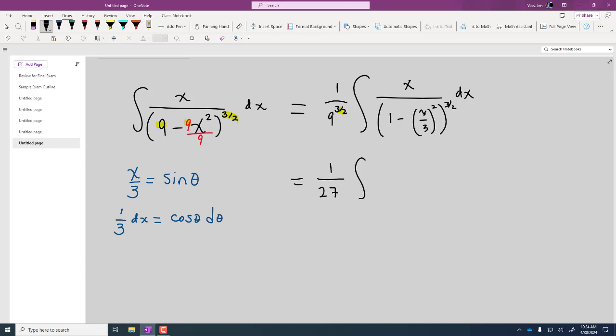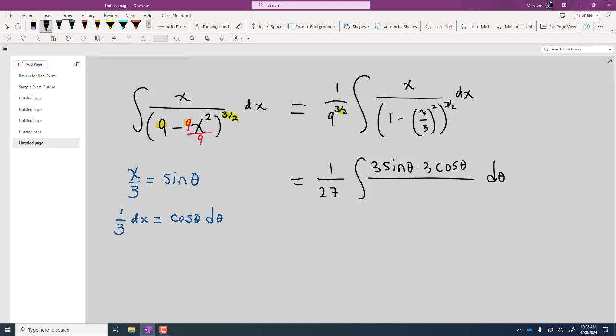And then in the numerator we have an x. So here, if we isolate the x, we get x equals 3 sine theta. If we isolate the dx, we get dx equals 3 cosine theta times d theta.